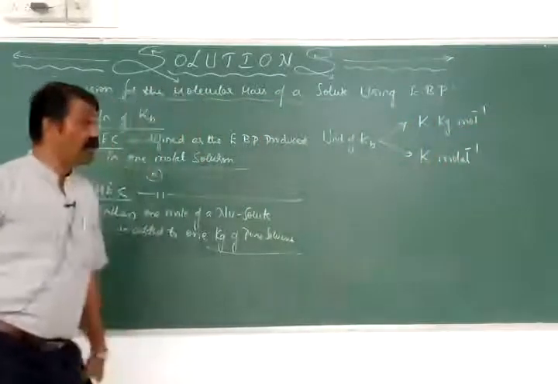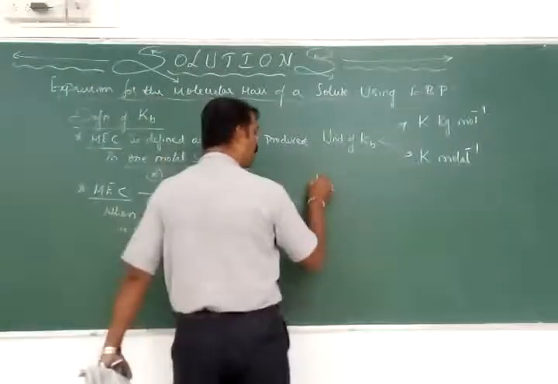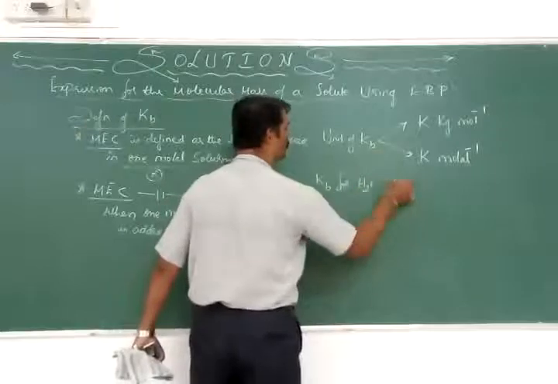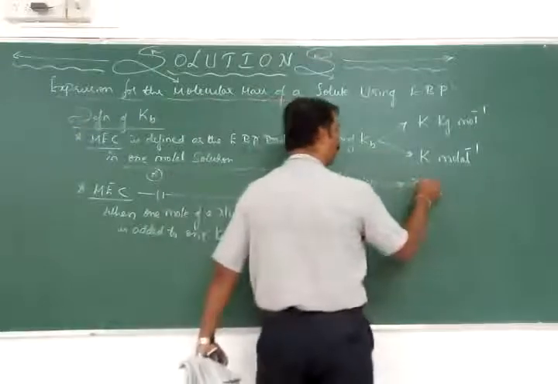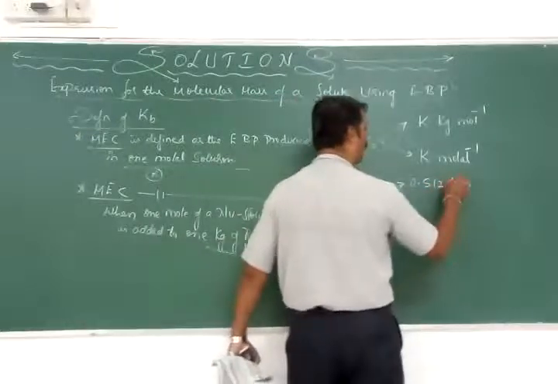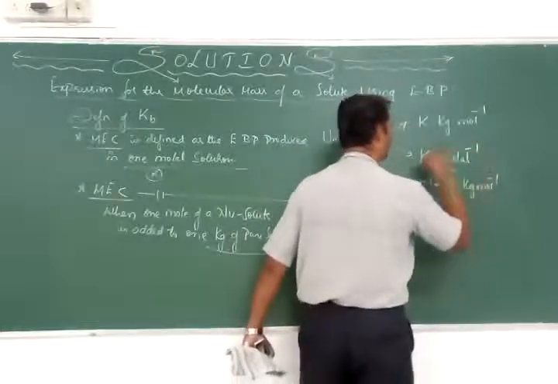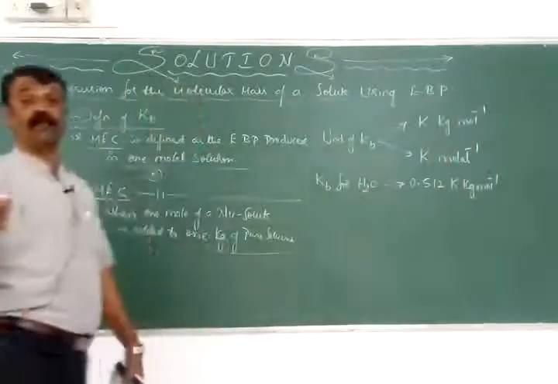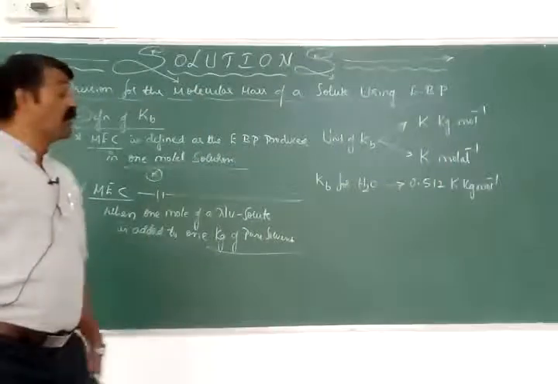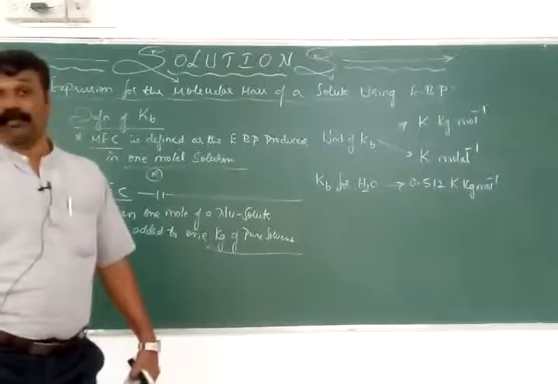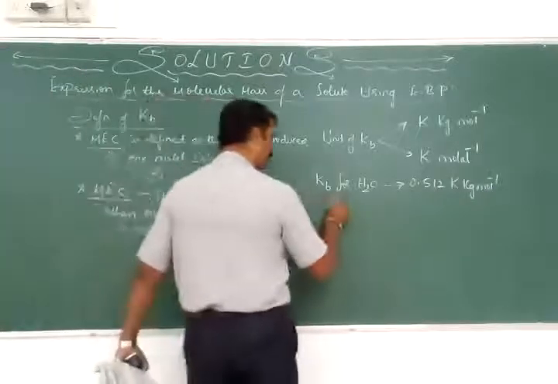Kb for water, the universal polar solvent, you have to remember that value: 0.512, in either Kelvin kg per mole or Kelvin per molar. That is a very important numerical to remember, preferably for the pure solvent water.